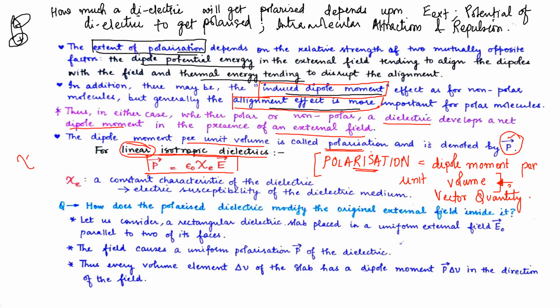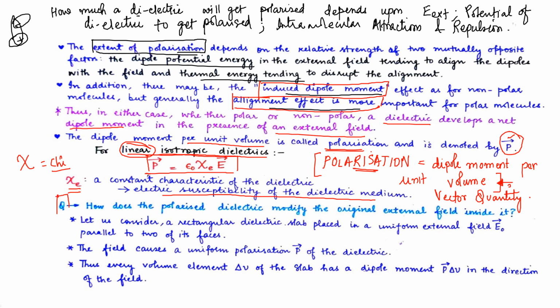This symbol is chi, a Greek letter. It is pronounced as chi: ch is k, and i is i. So this is chi. Chi e is a constant characteristic of the dielectric, the electric susceptibility of the dielectric medium.